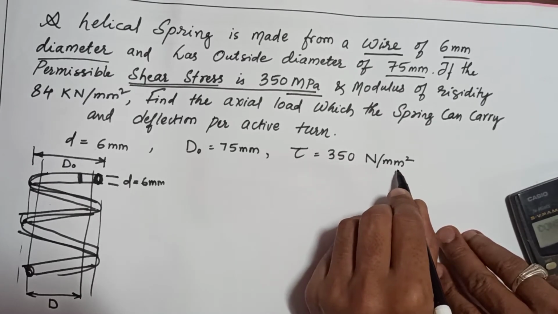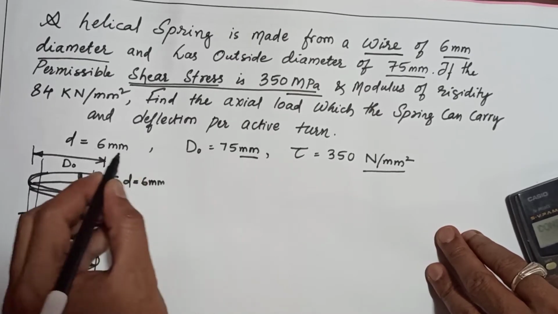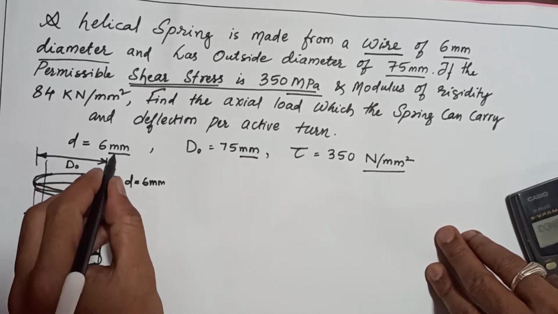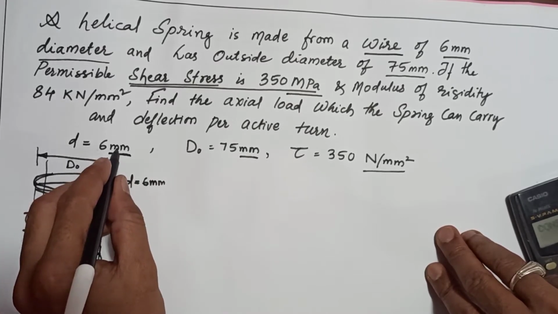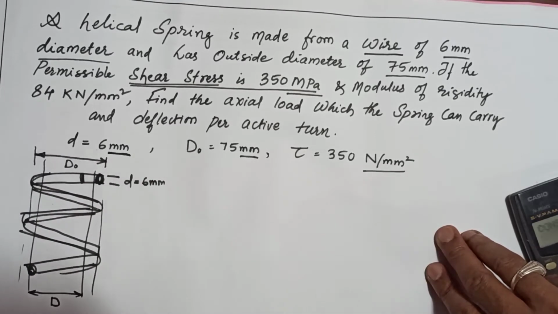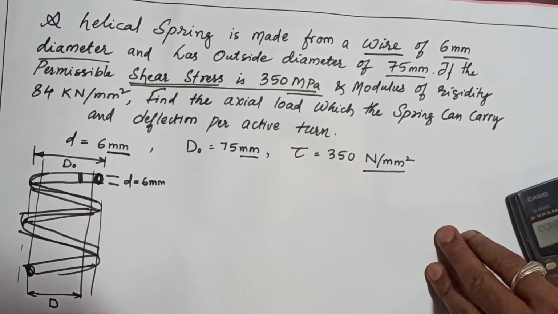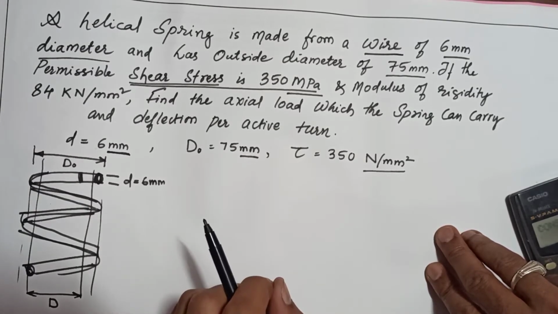We are converting in terms of millimeter because some of the other parameters are given in millimeter. If they are given in meter, then you need to convert the stress in terms of Newton per meter square. Any one standard format you need to follow.